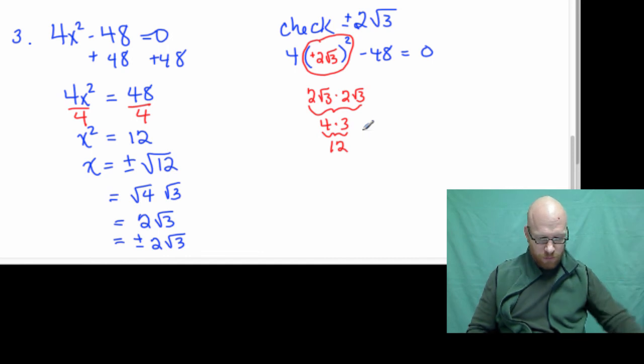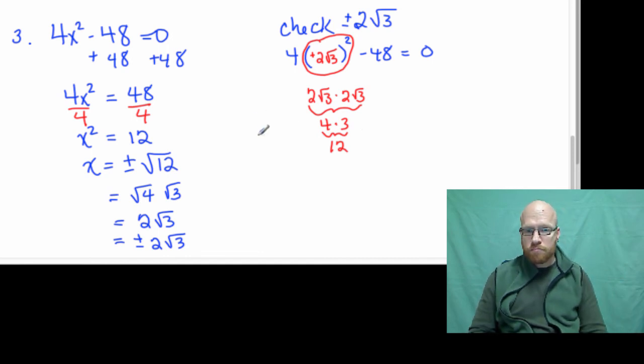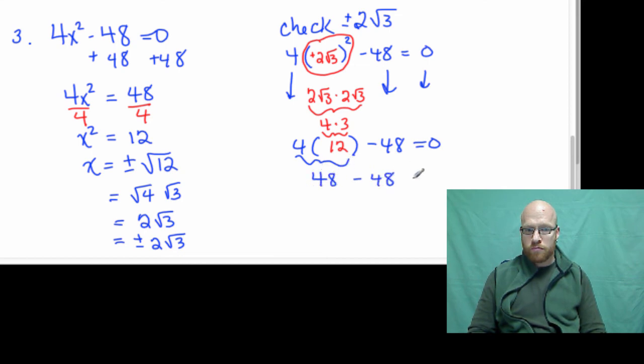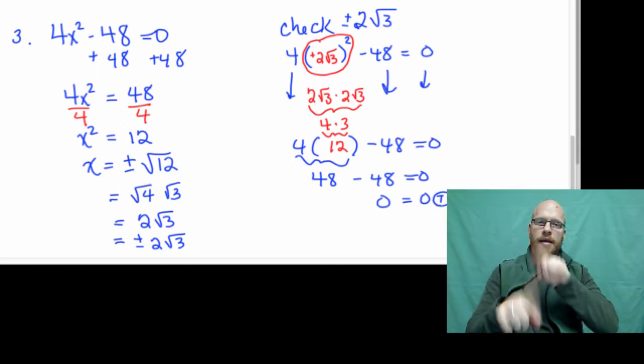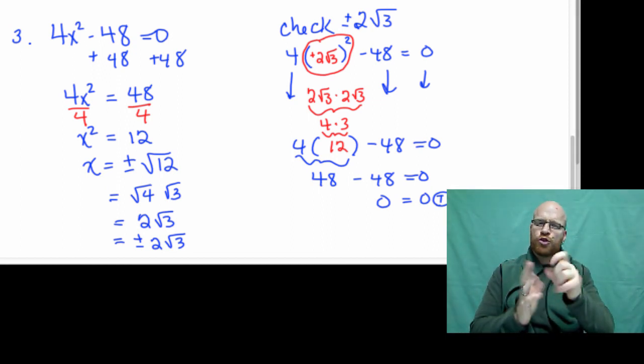Now we'll go with the rest of the check. I've checked the positive answer. You can check the negative answer, and it will work out to be the same thing.